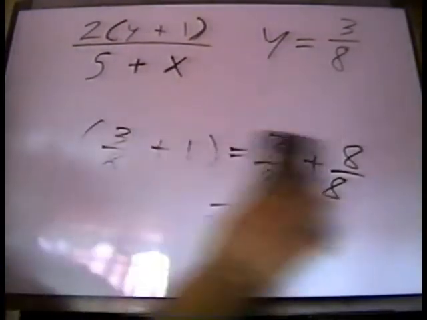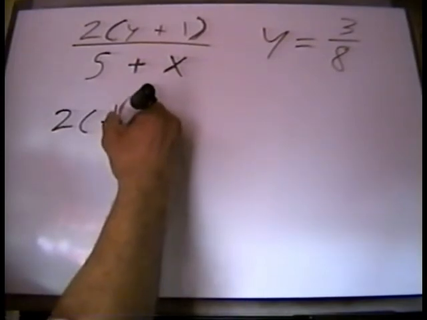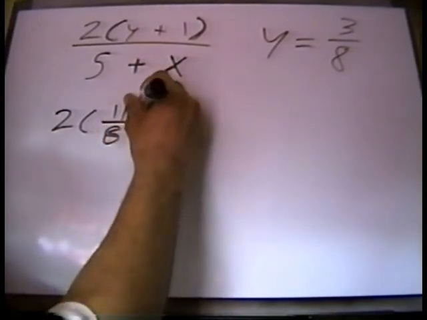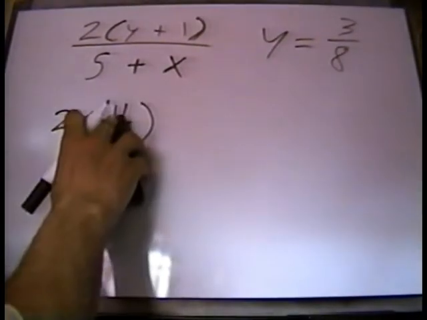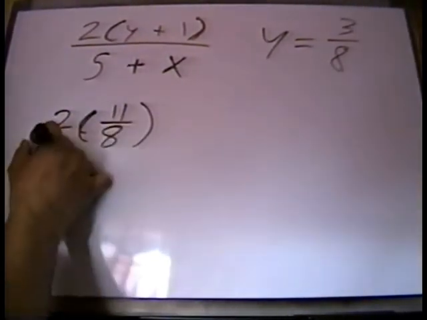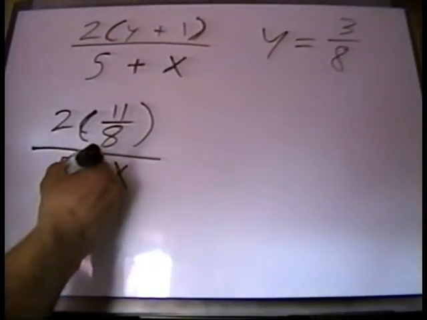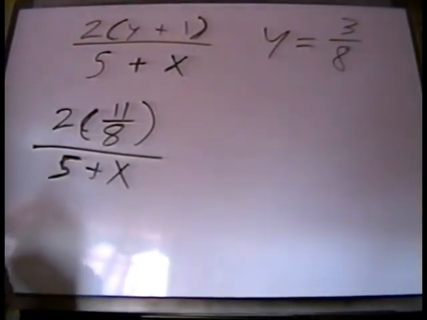So you're going to get 2 by 11/8 over 5 plus x. Now that's what we have our expression at this point.